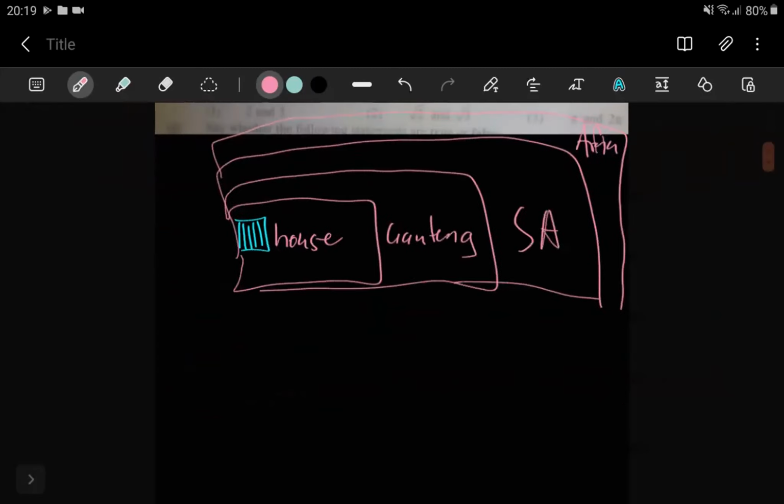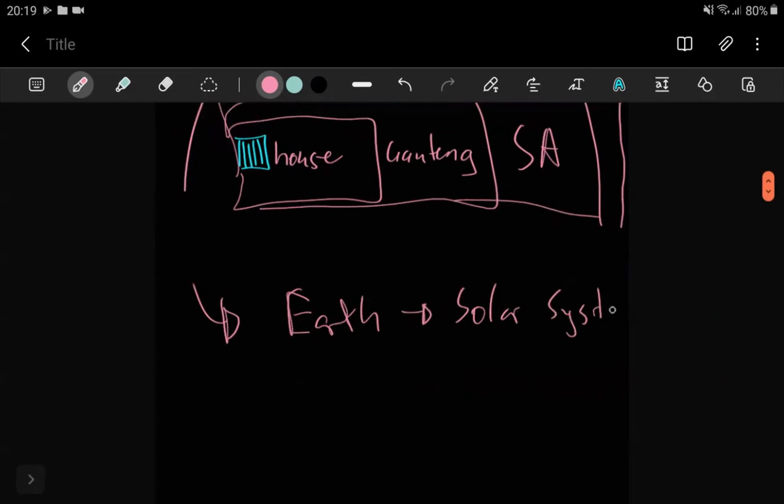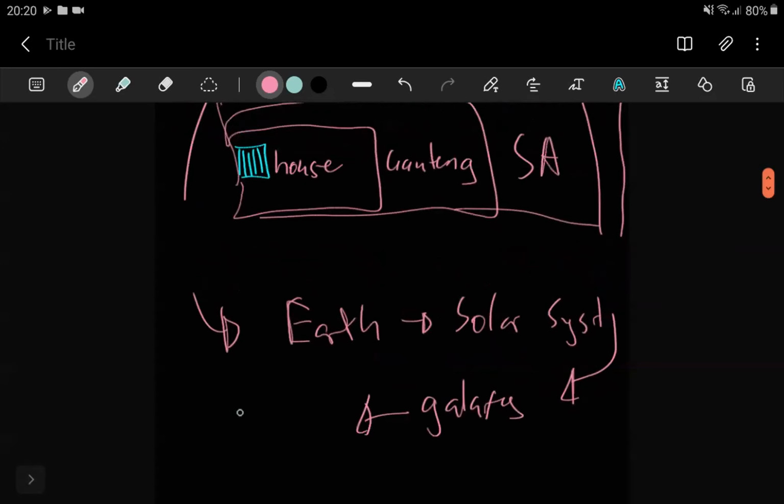Africa is on Earth, and then Earth is in the solar system, and then the solar system is in the galaxy. If you want, you can say this galaxy is in the universe.